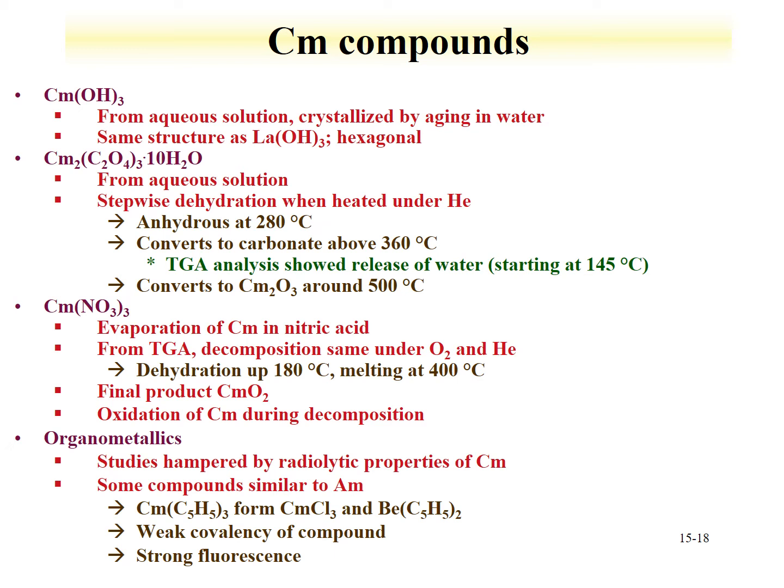This compound will convert to the curium-3 oxide around 500 degrees, and closer to 600 degrees this will oxidize to the curium dioxide. Curium nitrate can be produced by evaporation of curium and nitric acid. Again, heating this up, you'll get a final product of the dioxide.